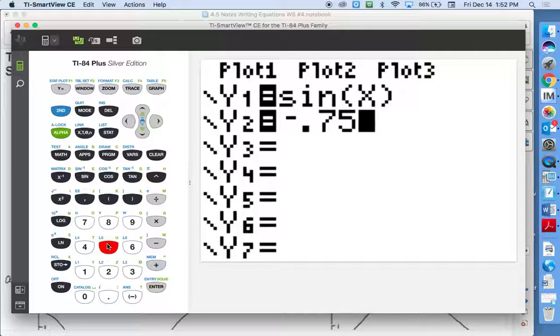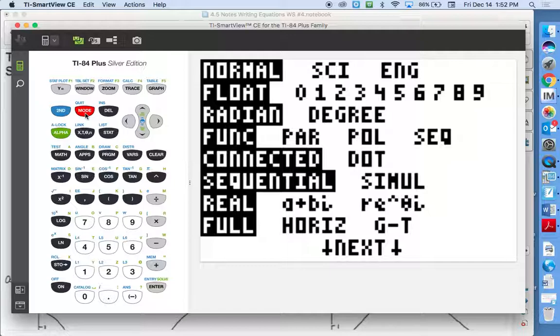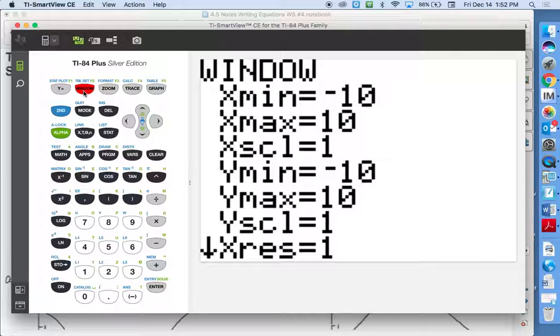Now, before you hit graph, go to the mode. Make sure your mode is in radians. That's really important because we're trying to find an angle in radians. So check your radians for mode. And then go to the window. Just changing the calculator to radians doesn't necessarily give us a nice graph. Because the x value is supposed to go from negative 2 pi to positive 2 pi, we're going to change our x value to what it's asking us.